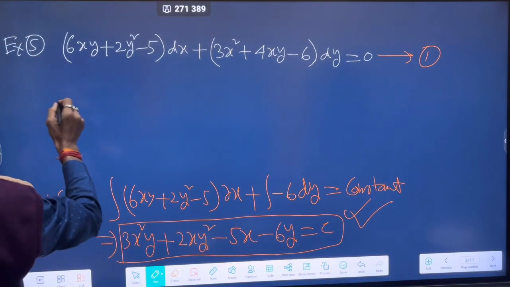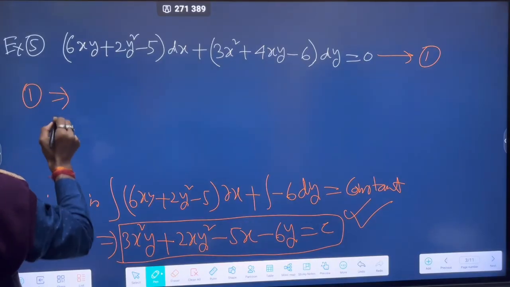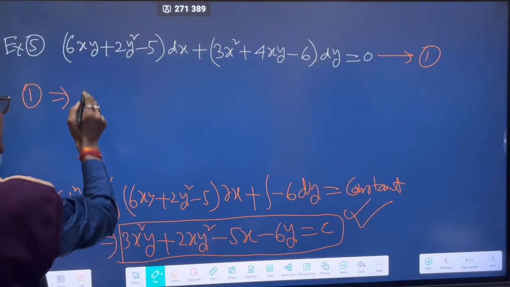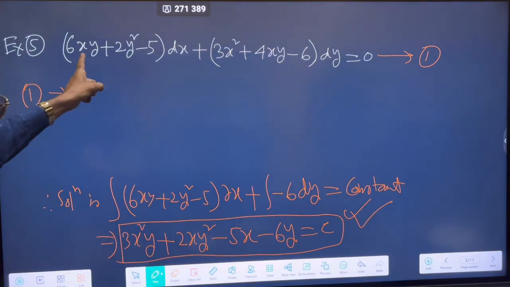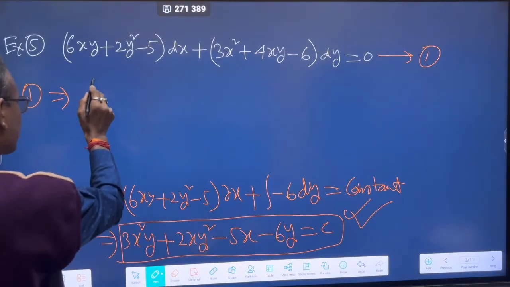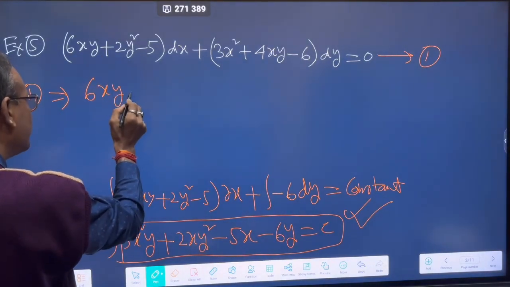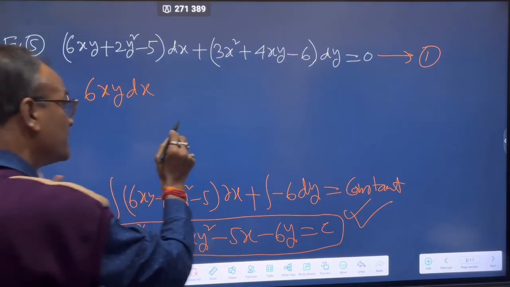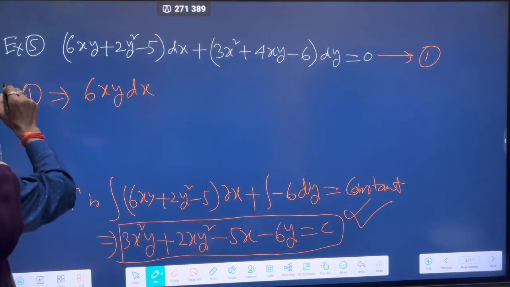Method of grouping implies: here 6xy dx, group this. This is method 3.